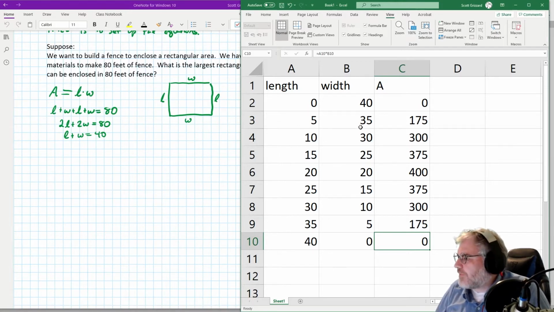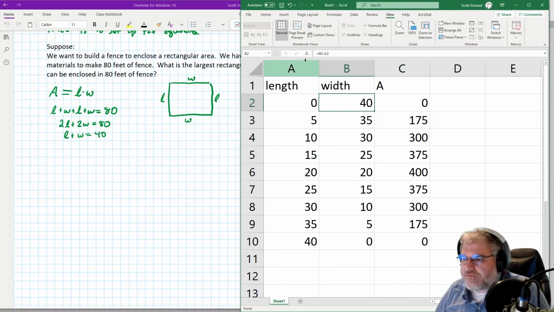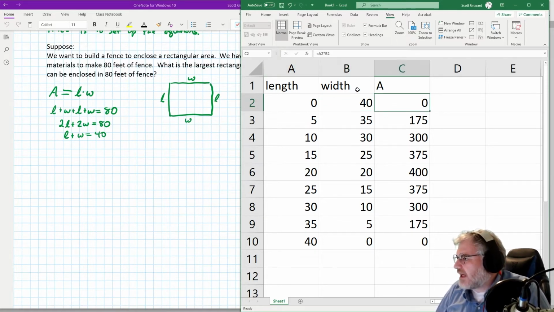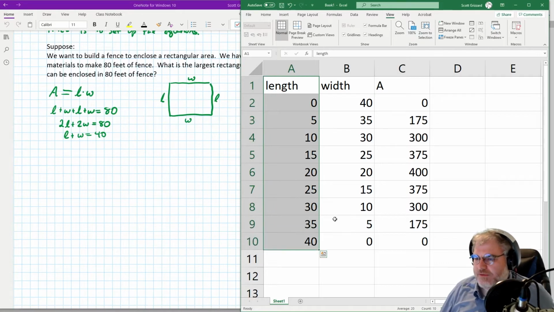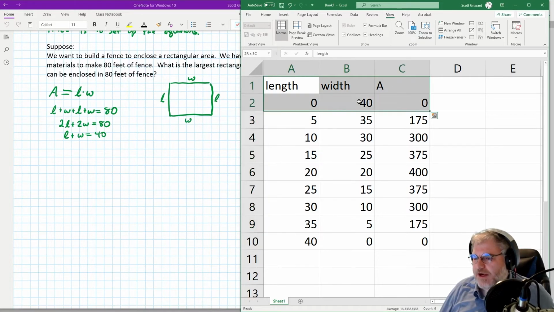By the way, I've got a formula here in this thing. It's 40 minus A2, and then I choose A2 times B2, and of course I filled down. So I'm going to wind up with this thing. Let's see how I can do this, if I remember how. It's been a while on the Excel.